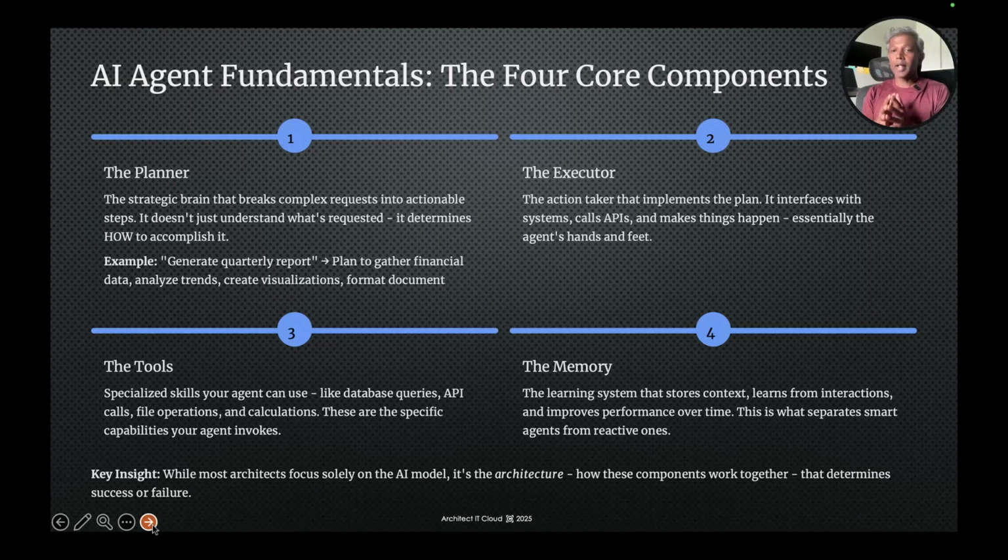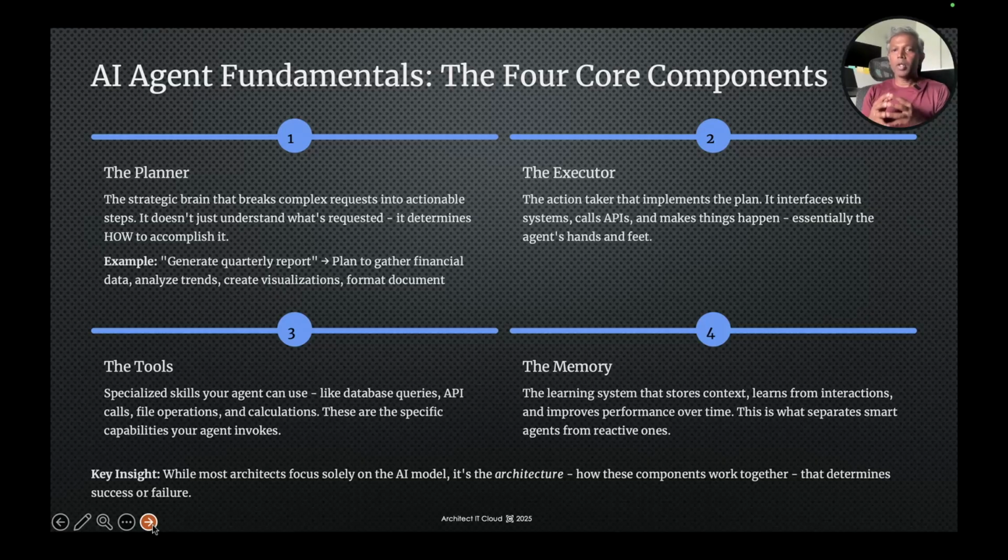The executor component is one of the key components of AI agent architecture. Here you must plan the next steps to execute these tasks, for example, generating a quarterly report for the sales team. You must implement this plan with the help of APIs, and also define how the execution of generating the quarterly report happens.